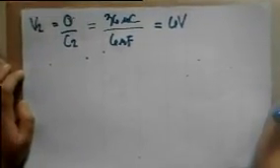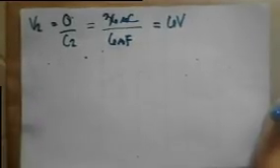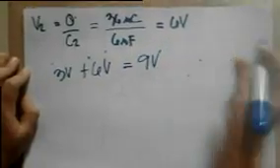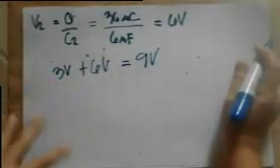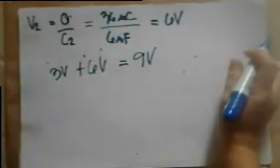So this is equal to 6 volts. Now, since this is a series connection, the total voltage is equal to the sum of the individual voltages, and if we add the two voltages, 3 volts plus 6 volts, this is equal to 9 volts, which is the net voltage across the network.